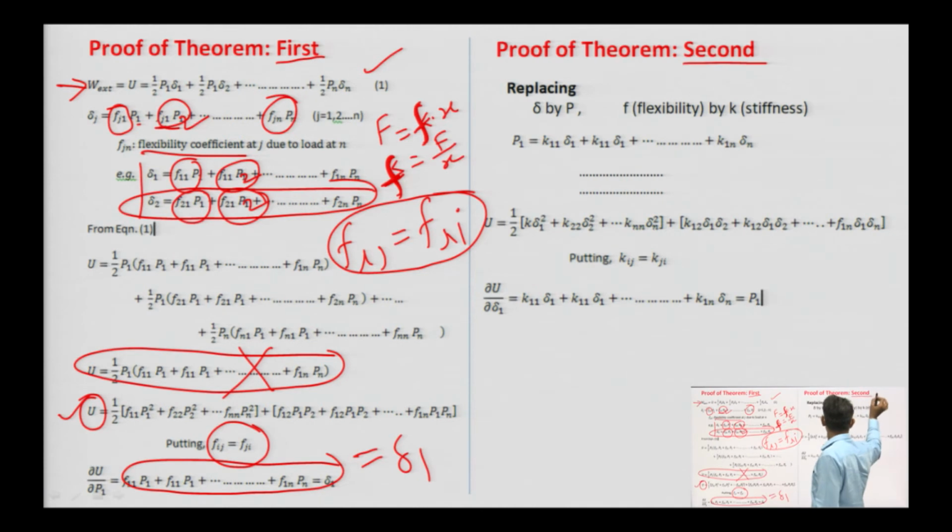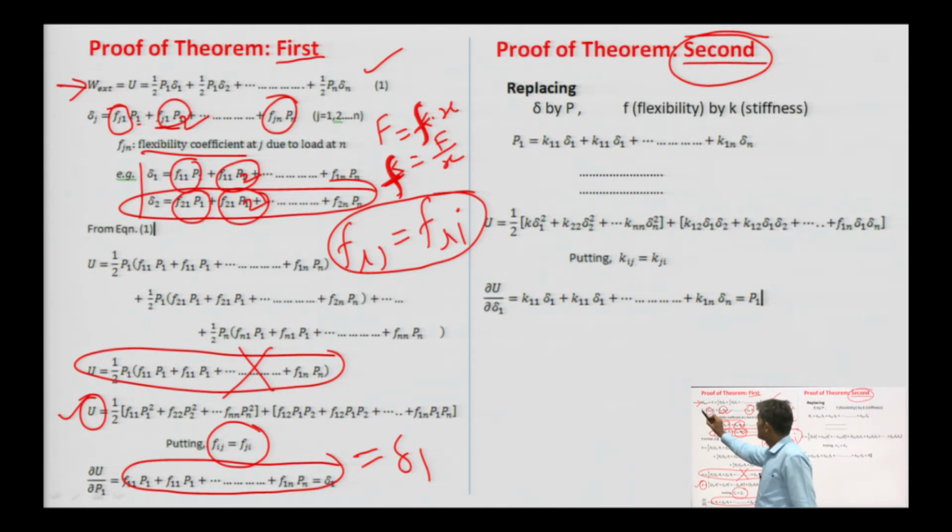Next, the proof for the second theorem. The second theorem can easily be proved by replacing displacement by force and flexibility by stiffness. Actually, flexibility and stiffness are inversely proportional to each other.